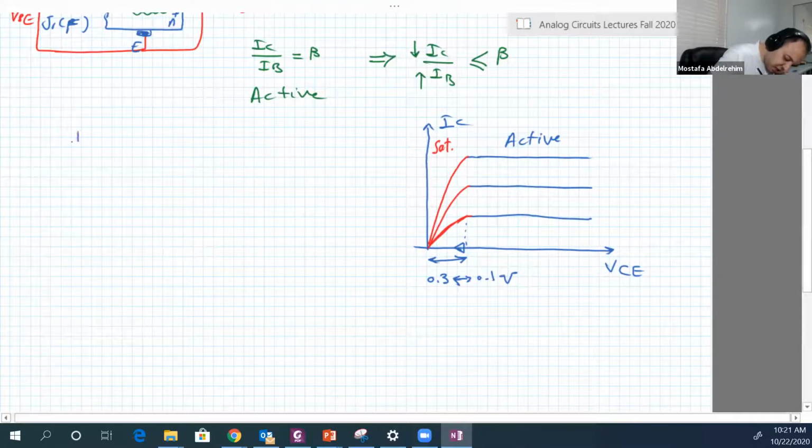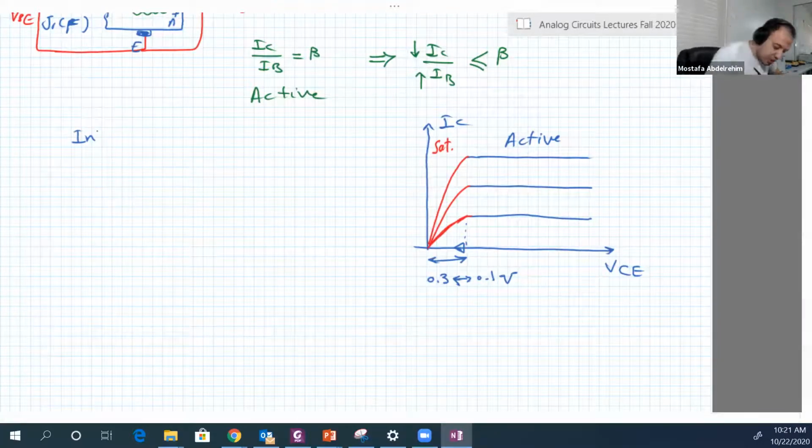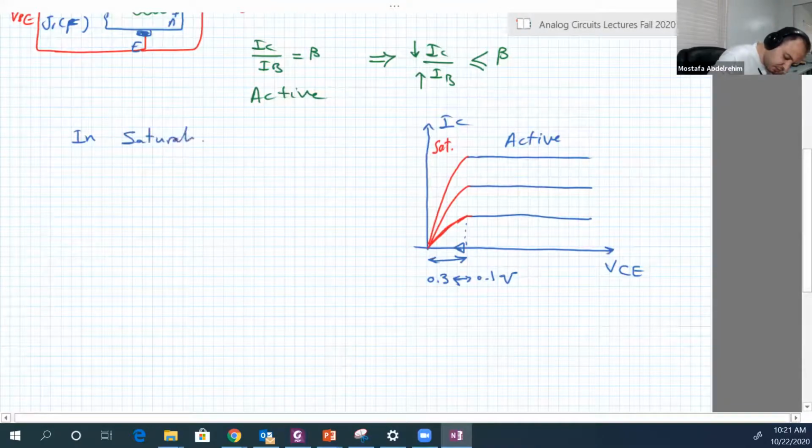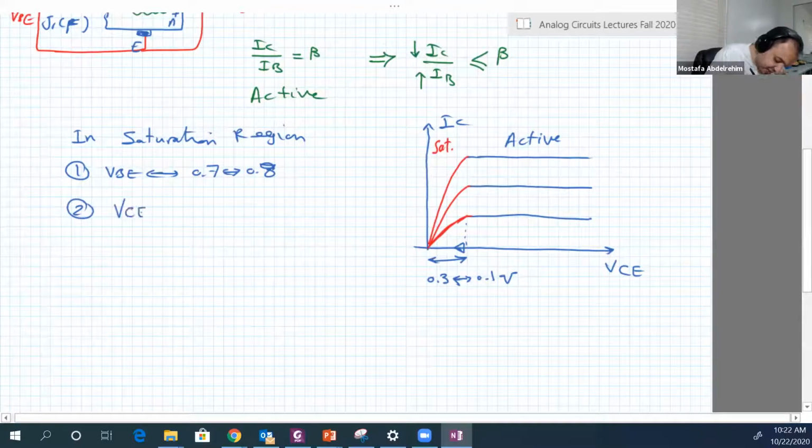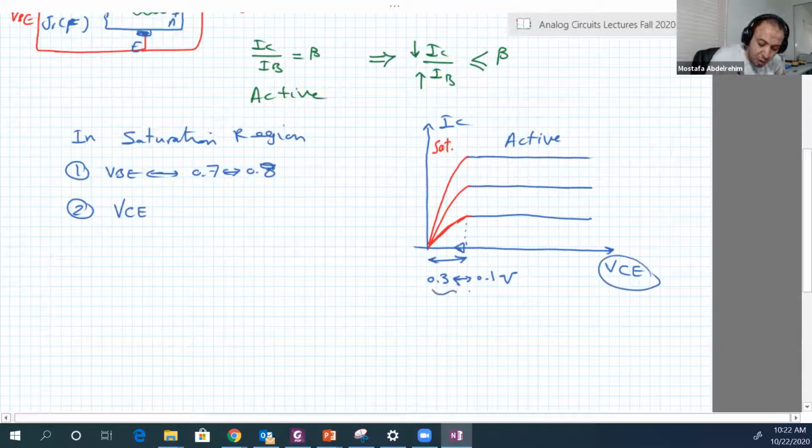In saturation region, let's now conclude the new relations or equations that we stated from active, now in saturation. So in saturation region, we have the following. Number one, VBE is still between 0.7 to 0.8. No change. VCE, the voltage, if this is VCE, it would be very small.